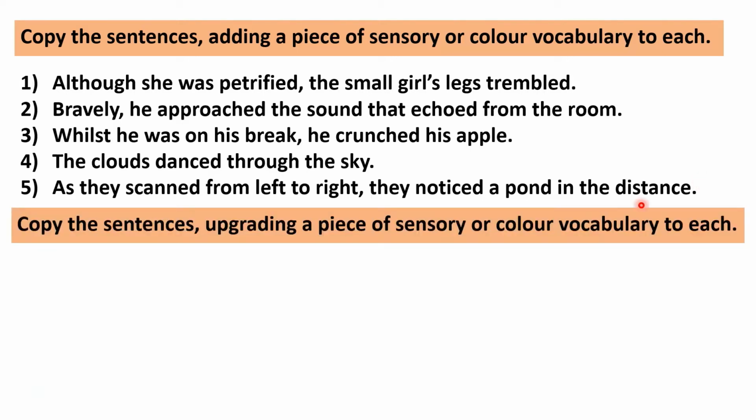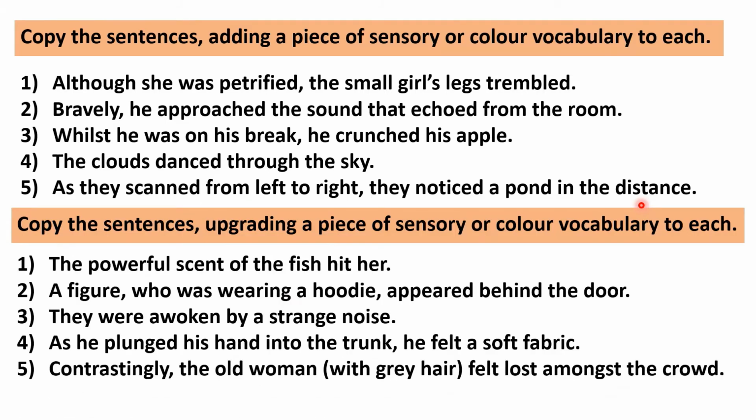Okay, now what I would like you to do is copy the sentences, but you're going to upgrade a piece of sensory or colour vocab. So these sentences talk about things that are seen, heard, tasted, felt, whatever, and they are good sentences, but we can upgrade them so that they include a more sophisticated word for the sense or a more sophisticated word for the colour.